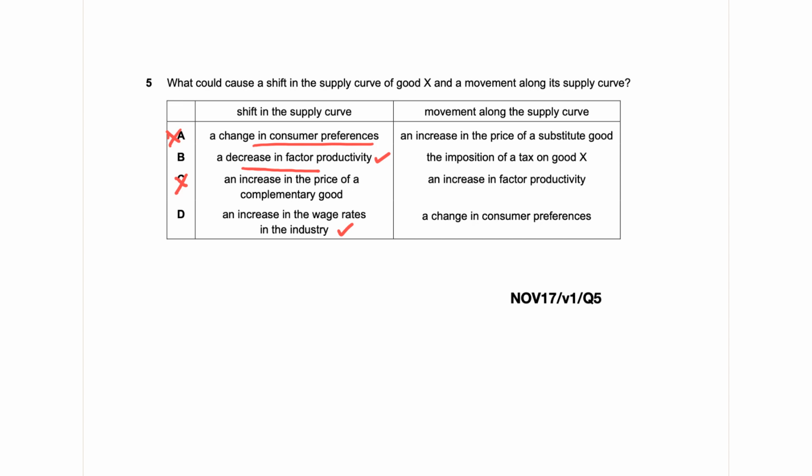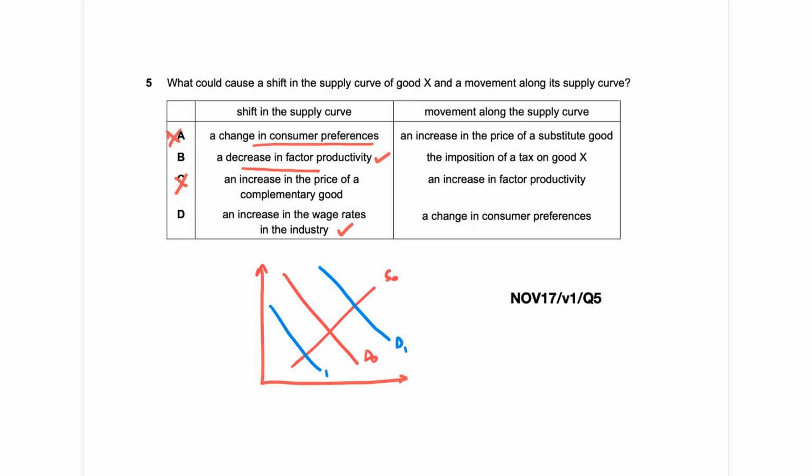A movement along the supply curve actually happens if there is a shift of the demand curve. So if this is my demand curve and supply curve, if there is a rise or fall in demand, we have a movement along the supply curve. You can see that in this diagram where demand changes, we might have a movement along the supply curve.